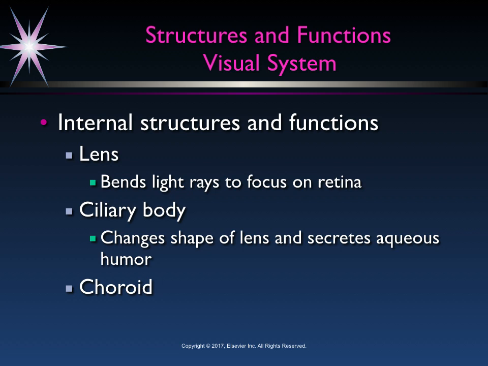The lens is located behind the iris, and we talked before about how it's biconvex. It's also avascular, so there are no vessels in the lens, and it should be transparent. The muscles of the ciliary body around the lens contract to change the shape of the lens to help us focus in.